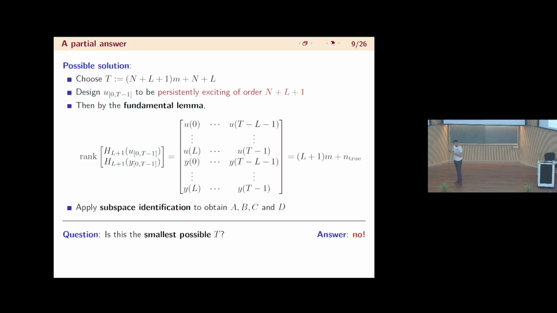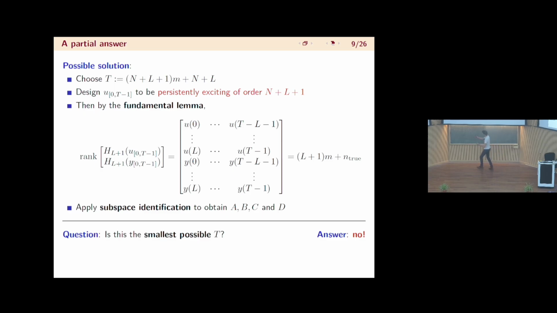One way of improving over the fundamental lemma is, instead of doing an offline procedure, to run an online experiment. So let me try to explain what I mean by an online experiment. The idea is going to be, in the rest of the lecture, to do the following.